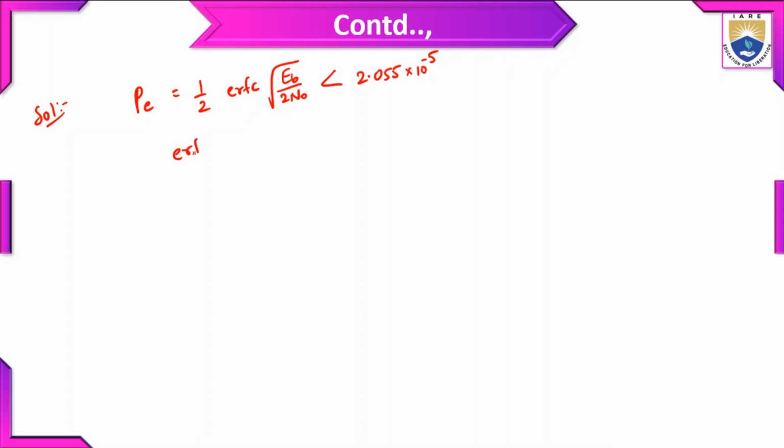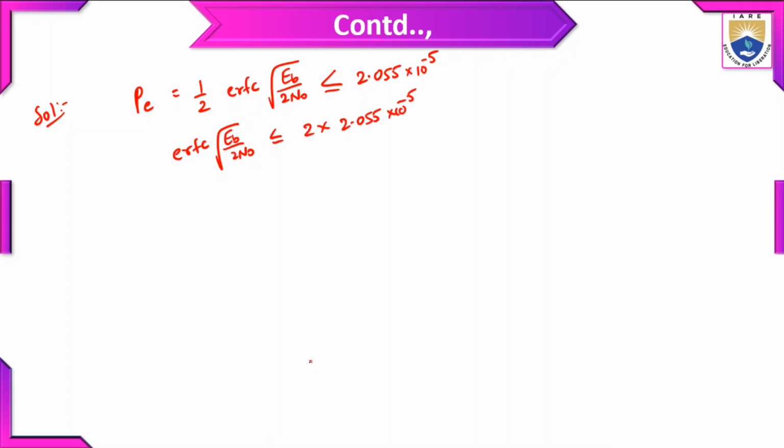On the left hand side, erfc of square root of Eb by 2 N naught is equal to, sending the 1 by 2 to the other side, 2 into 2.055 into 10 power minus 5.